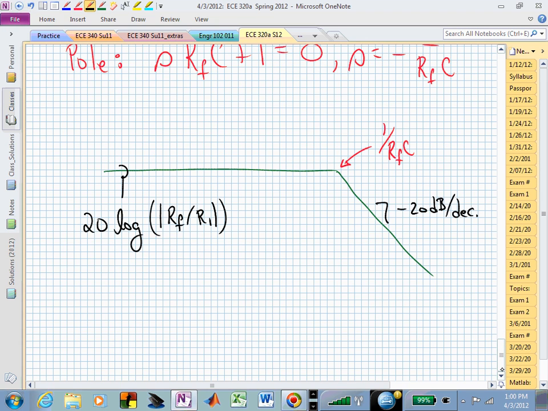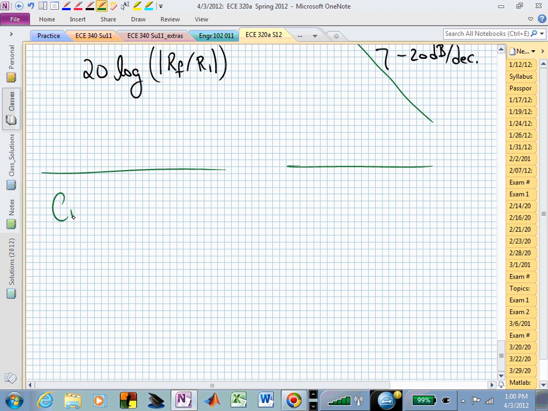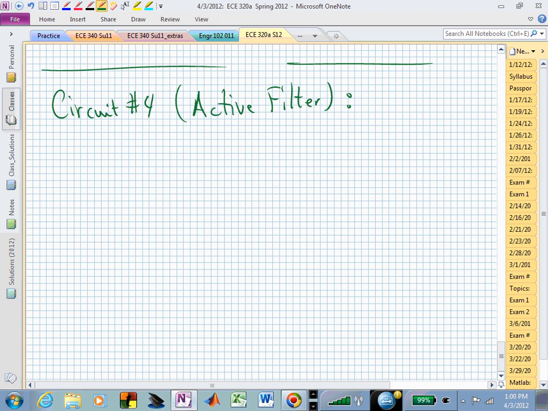Let's look at one that hopefully will help you with your homework. I'll call this circuit number 4. It's not going to be exactly like your homework, but it should get you a long way to the answer that you need if you understand what we're doing.